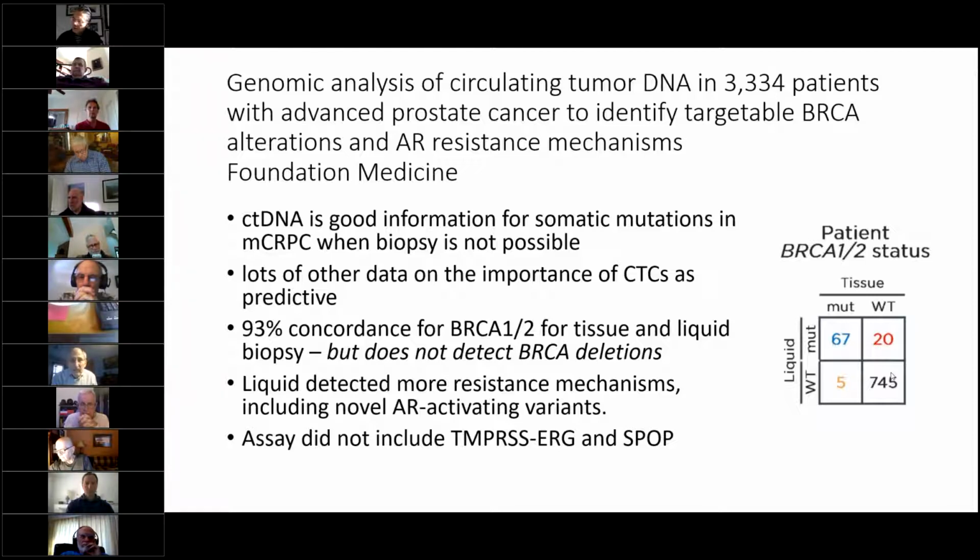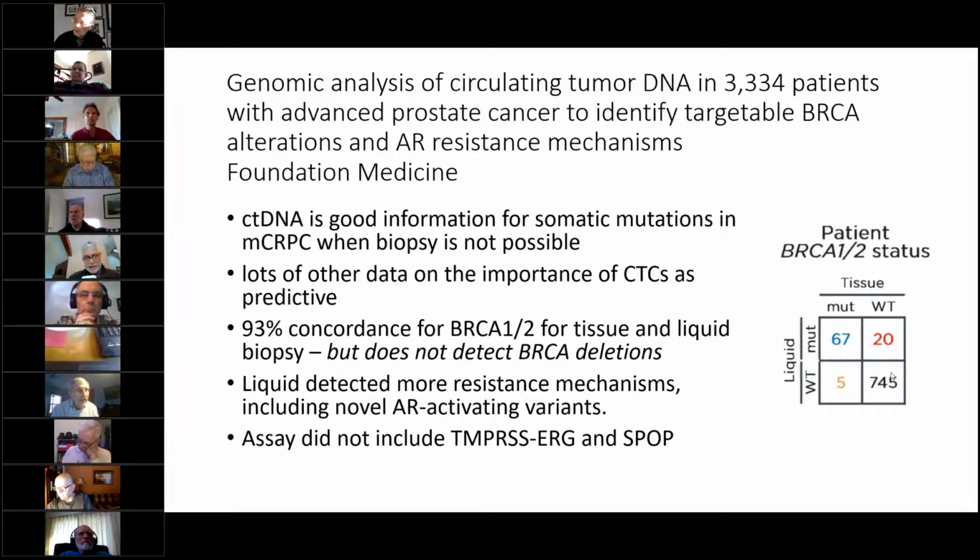Herb, can you briefly describe what a BRCA deletion is? Okay, basically it means that you don't have the gene, that for some reason there was a mutation in the gene so that it doesn't even make the protein. So it's not that it makes a mutated protein, it just doesn't even make the protein.